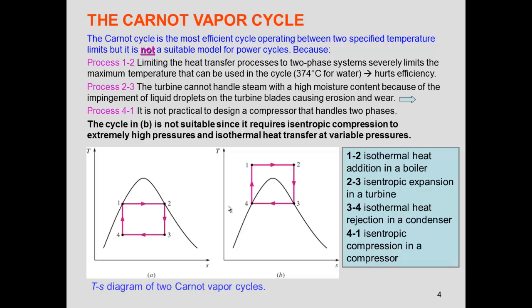We start facing some problems. The first thing is that we can have isothermal heat transfer by changing phase. Recall that when you have water boiling, it's 100 degrees all the time.